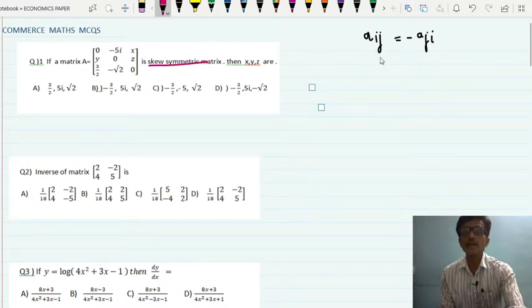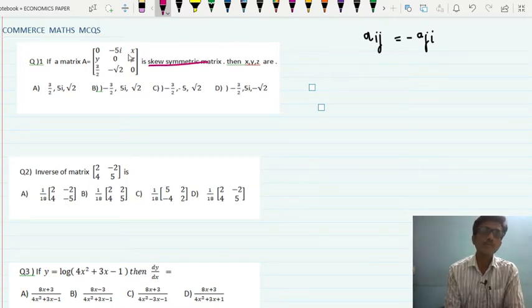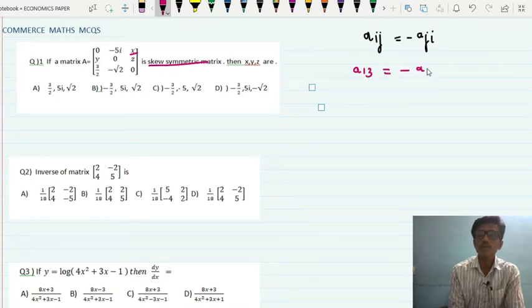So in general, Aij is equal to minus of Aji. That means for the position of this X, which is in the first row and third column, it is A13, which should be equal to minus of A31. That means X will be equal to minus of 3 by 2.